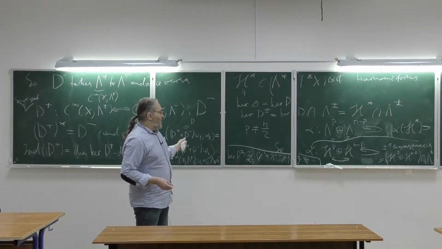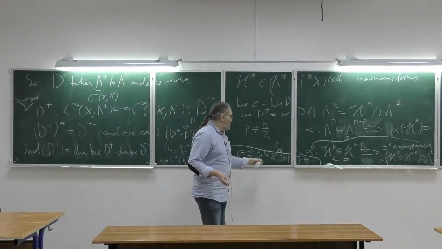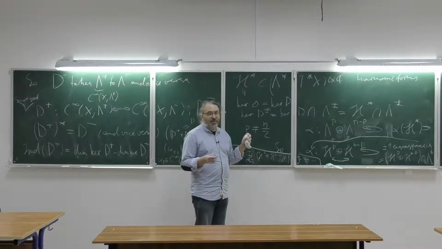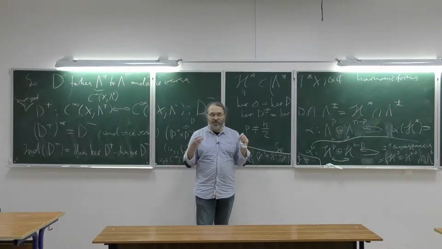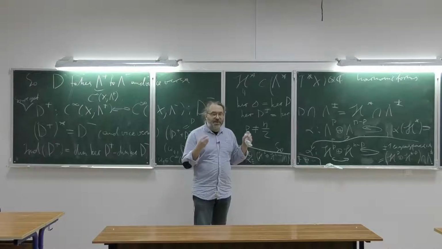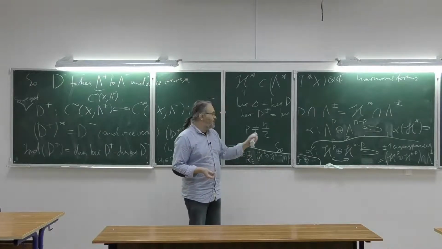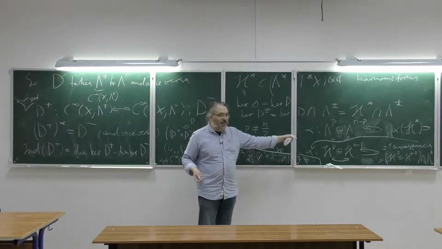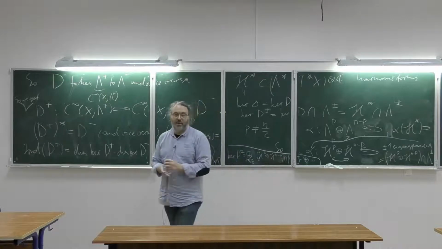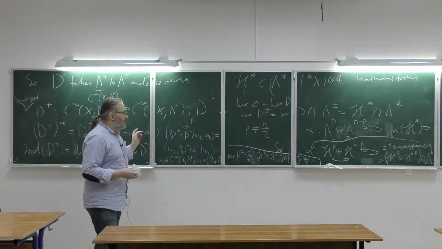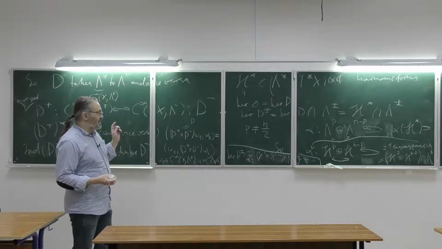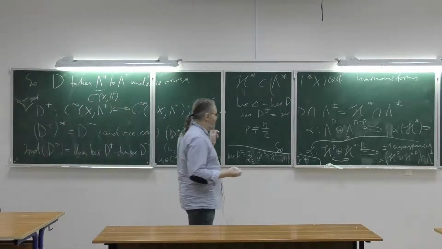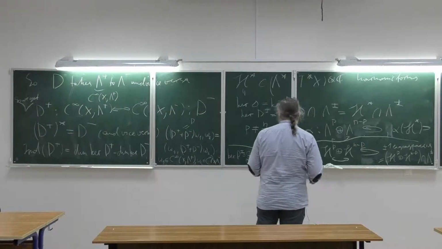Okay, so we have some contribution coming from the degrees other than the middle degree, and these cancel each other. So the only thing that matters is what happens in the middle degree.